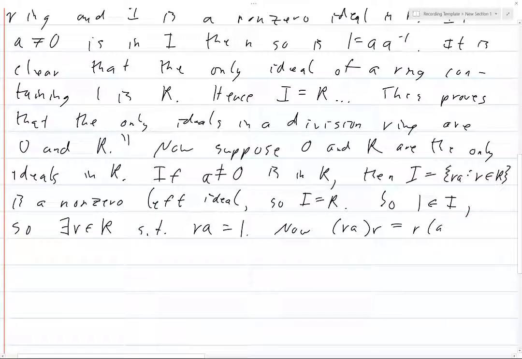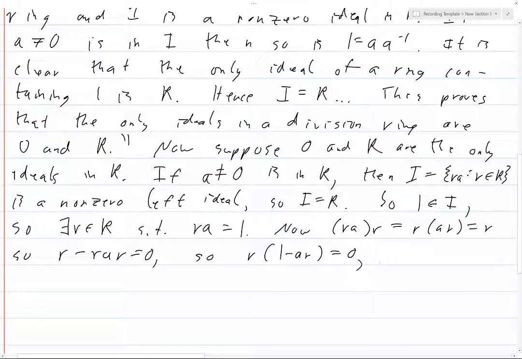Using associativity, rar is r, so rar is 1 times r, so r minus rar equals 0, so r times (1 minus ar) equals 0, and r is non-zero, and because this is a division ring, you know that this implies 1 minus ar must be 0, or ar equals 1.